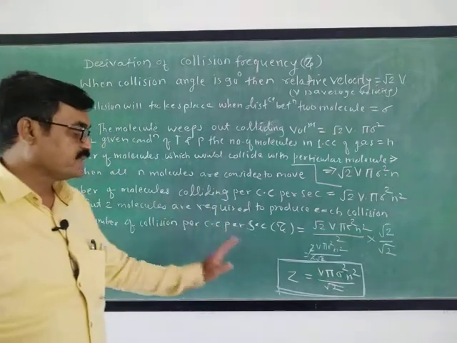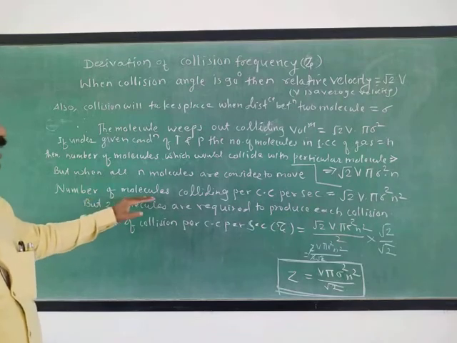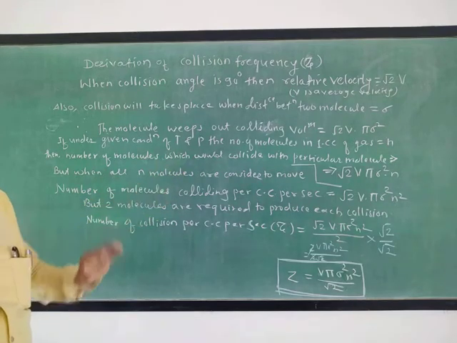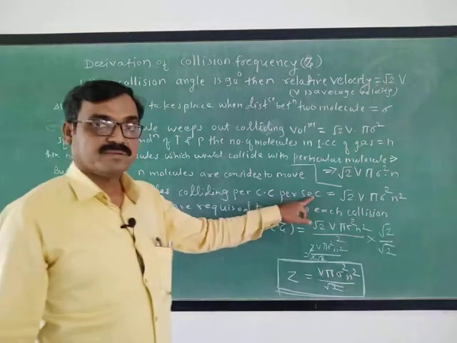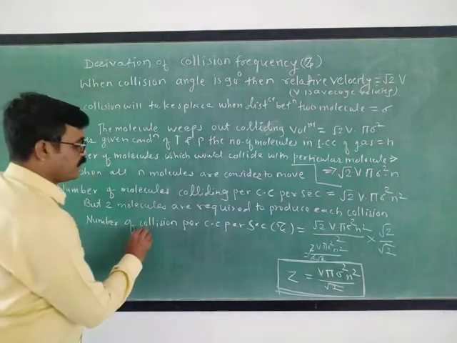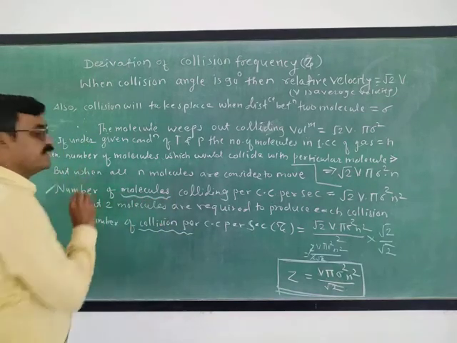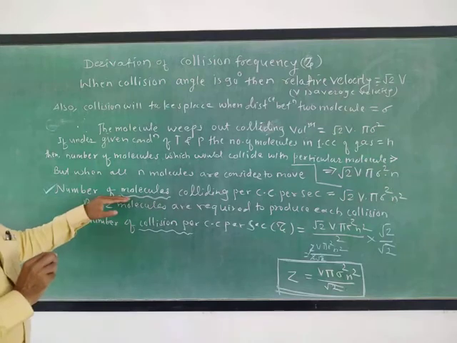In order to calculate Z, you must know the important point: the number of molecules colliding per cc per second. First of all, calculate the number of molecules. How can it be calculated?